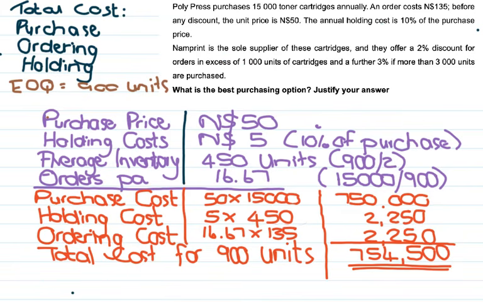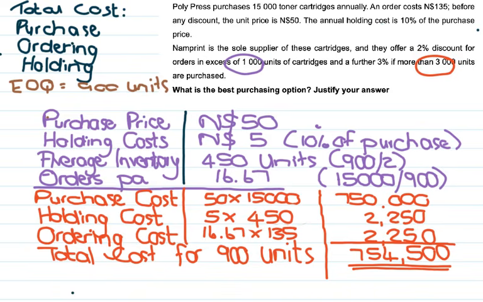So this is what we need to calculate. And what is the total cost? It's my purchase price, my ordering, and my holding cost. We started already to say that my economic order quantity is 900 units. So I will now compare my total cost for 900 units, my total cost for 1,000 units, and my total cost for 3,000 units.